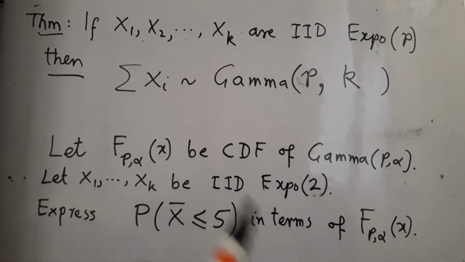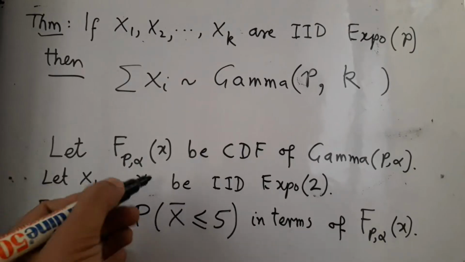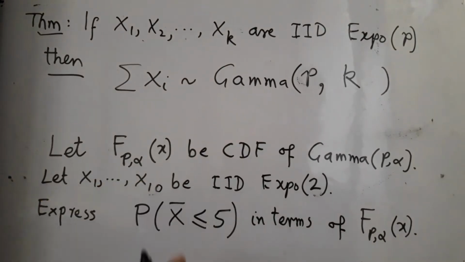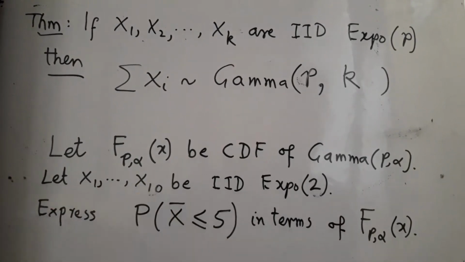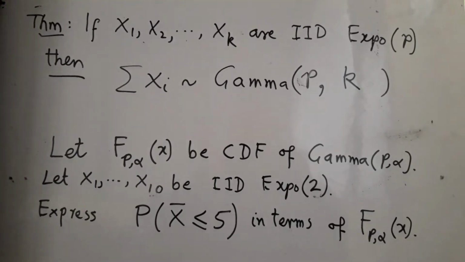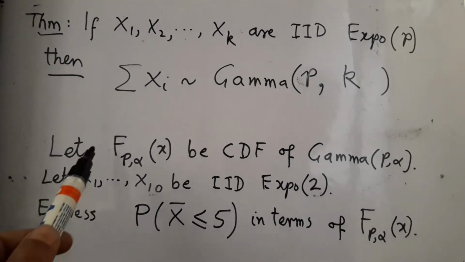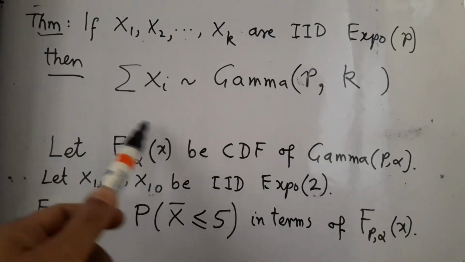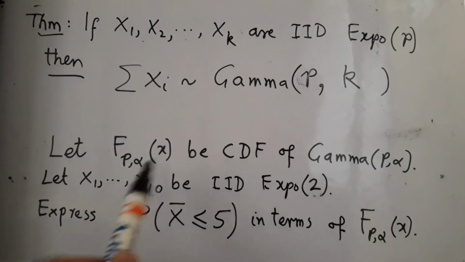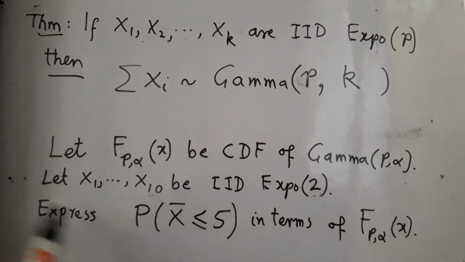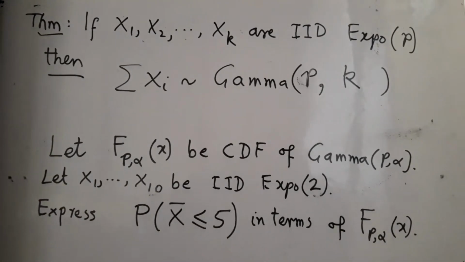When I say x bar, well, I will make it concrete, so I will make k equal to 10. So x bar means the average of these 10 random variables. What is the chance that this is less than or equal to 5, and express it in terms of this capital F function. Typically in a computing system like R, you will have a function to compute this for you. When you want quantities like this, you have to manipulate, do some little algebra, use this result, etc. to reduce it to that function.